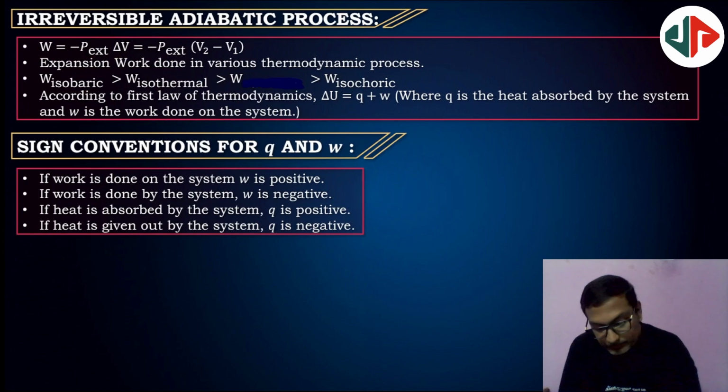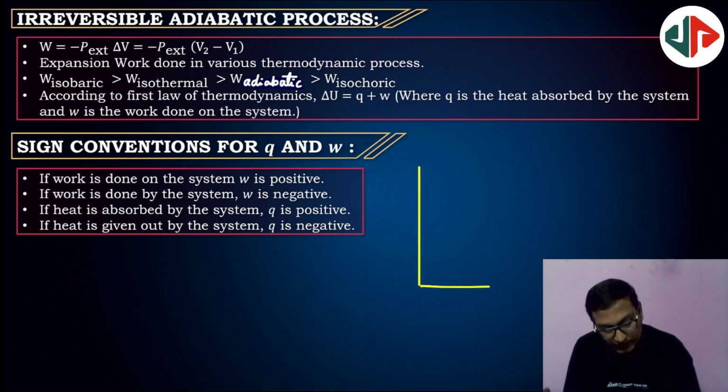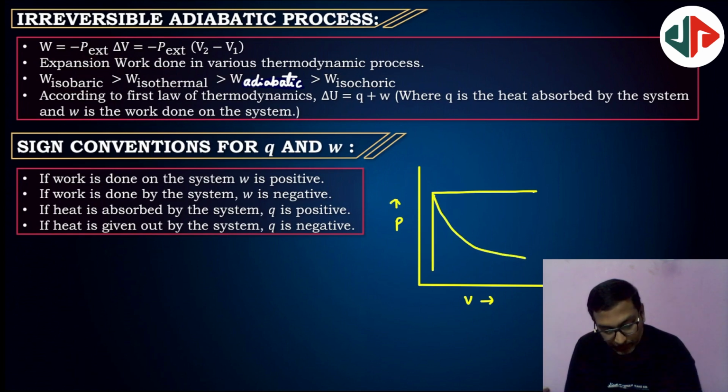Adiabatic. So this is based on the graph, on the area under the curve. I will write here the graph. So this is P and V. So first isobaric, isochoric, isothermal and adiabatic.